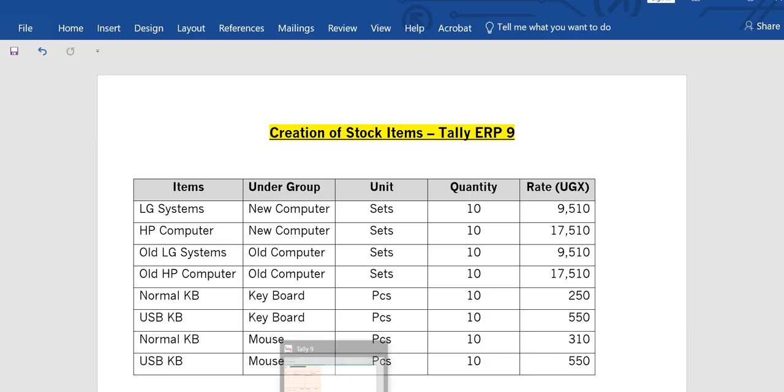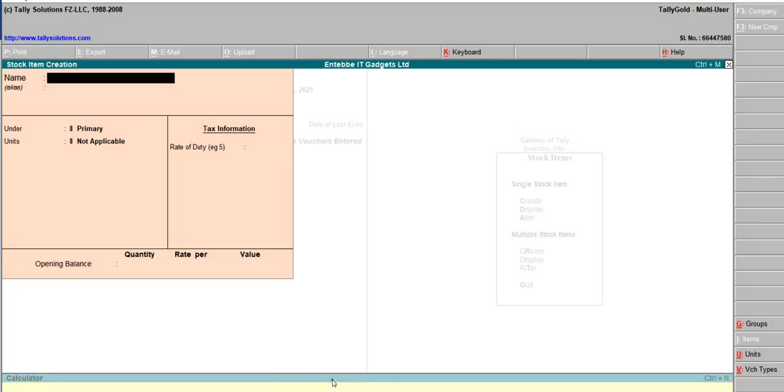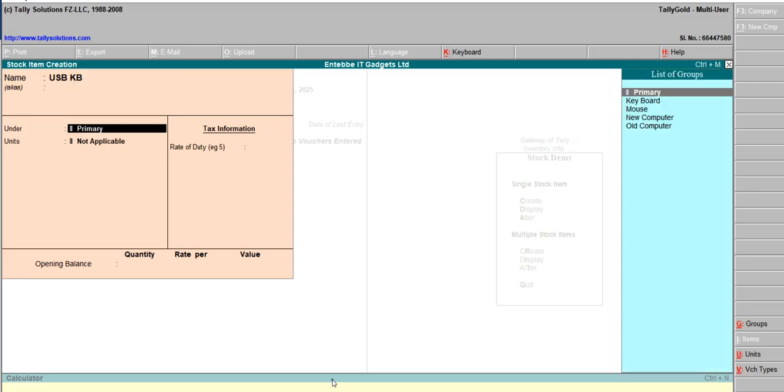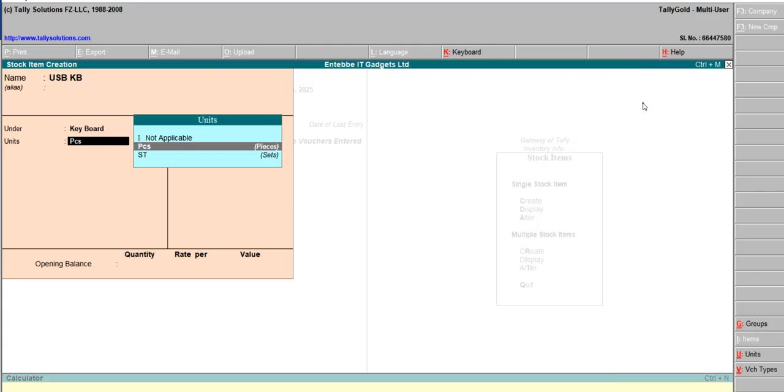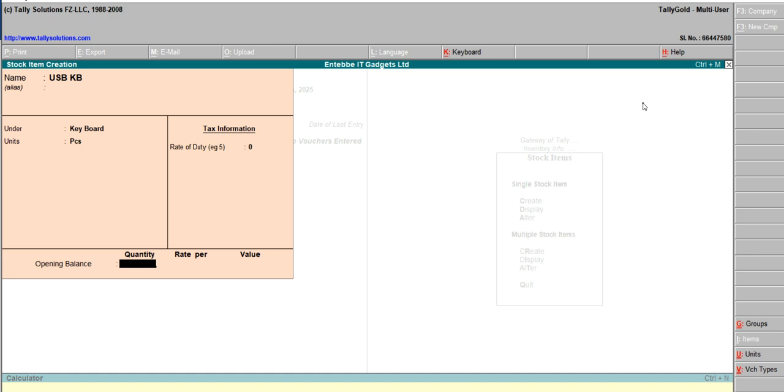Next is USB KB. That's another stock item, and these are keyboards. So units of measure is pieces. Tax information we ignore.